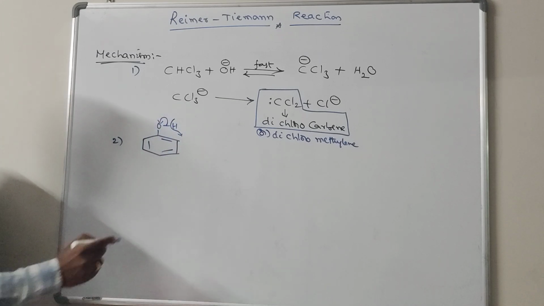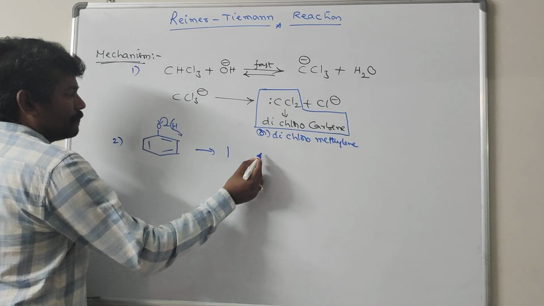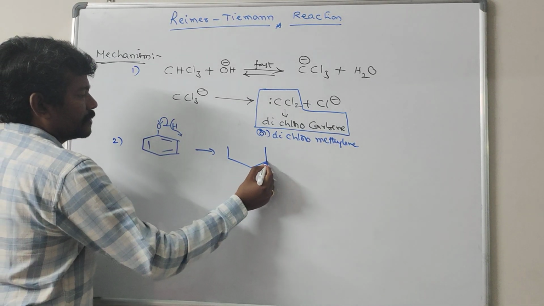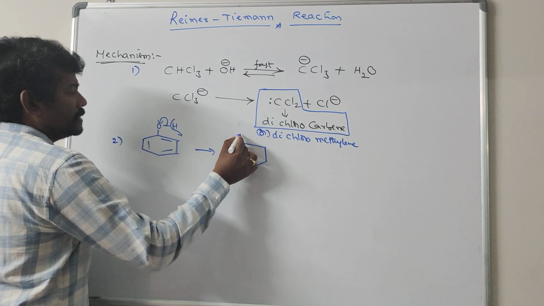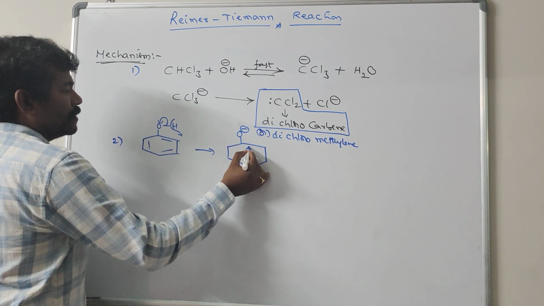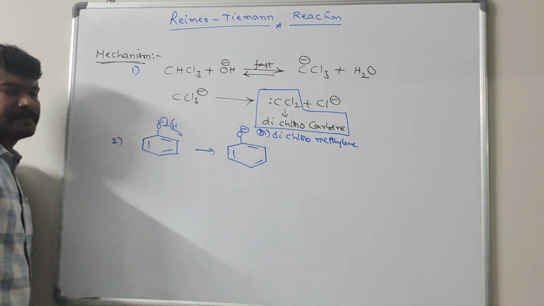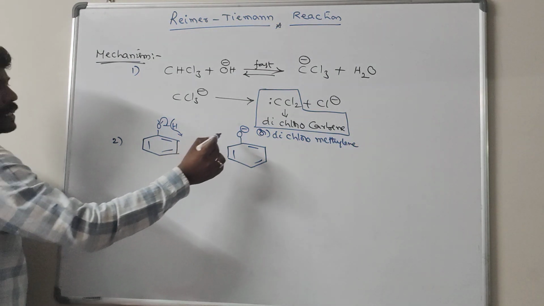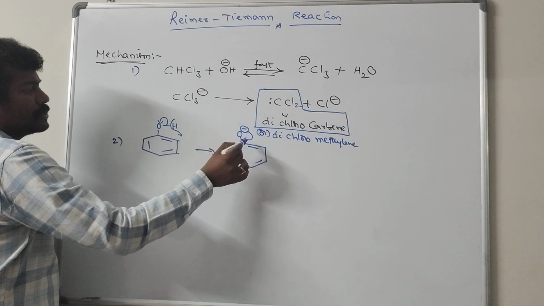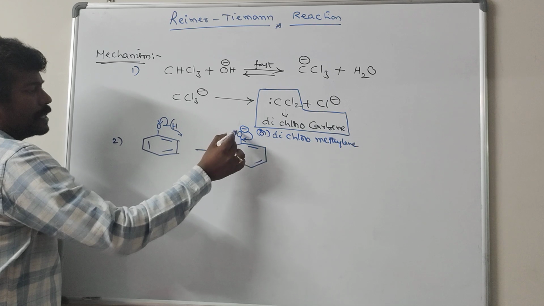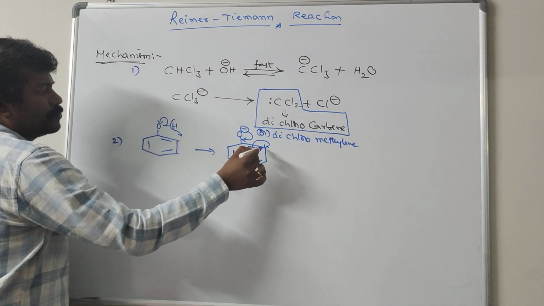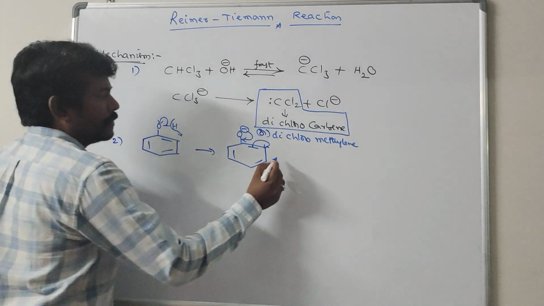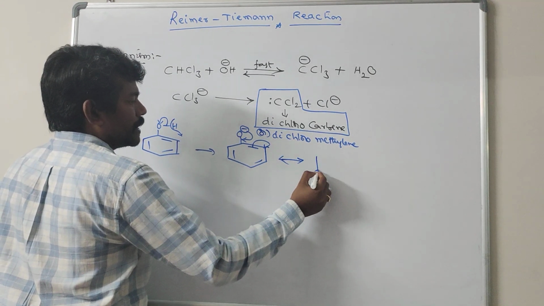We get the phenoxide ion. The negative charge shifts between carbon and oxygen, and electrons shift toward this carbon atom. We get a resonance form like this.